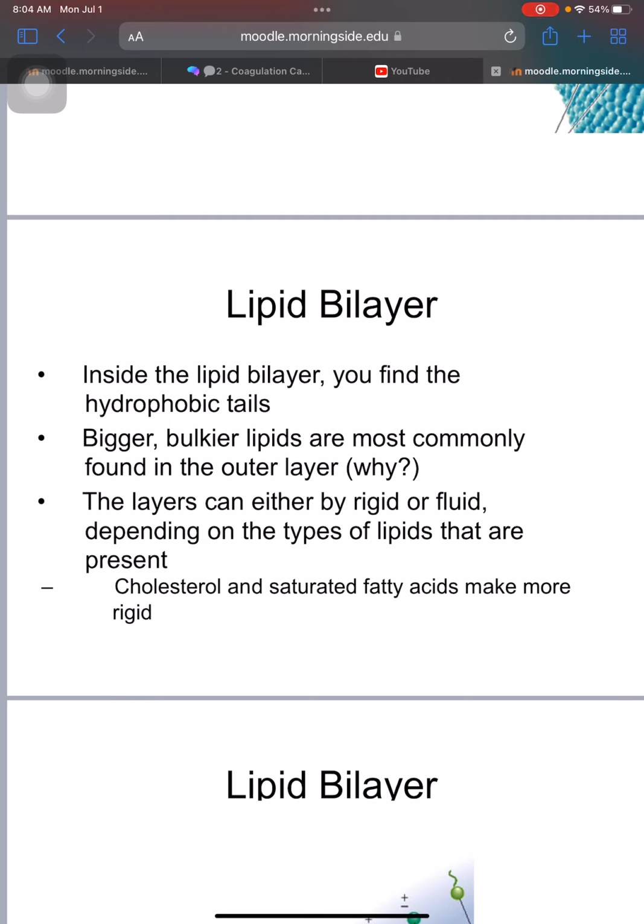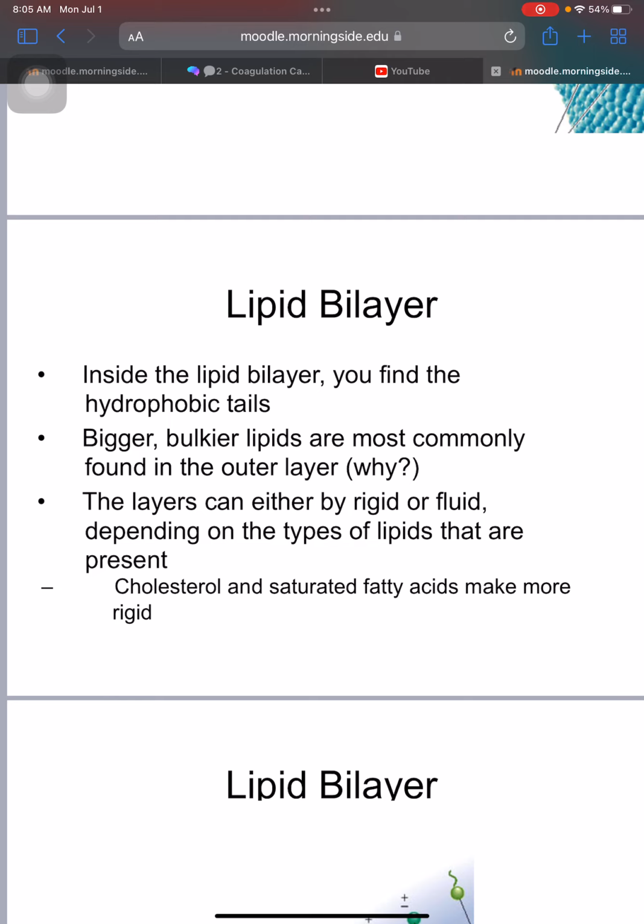Whereas if you have something with a lot of kinks, right, a lot of cis unsaturated portions, or other large groups that are sort of getting in the way, they can't get together as well, so they can crowd, and that makes things more fluid, less rigid. If you have a lot of cholesterol present, that makes it more rigid because cholesterol has that fused ring system.